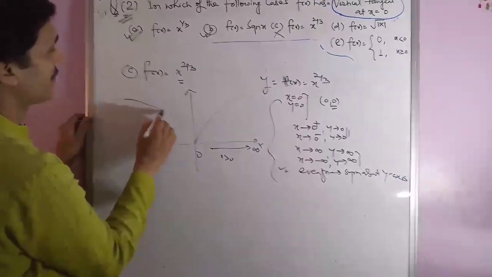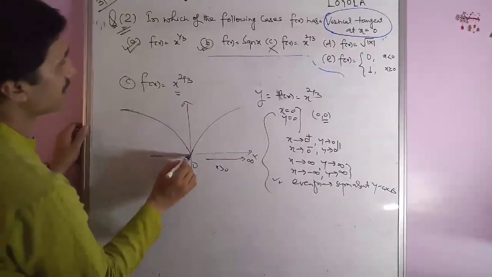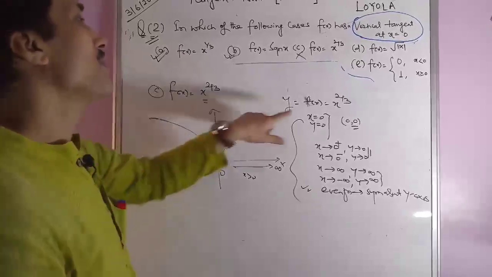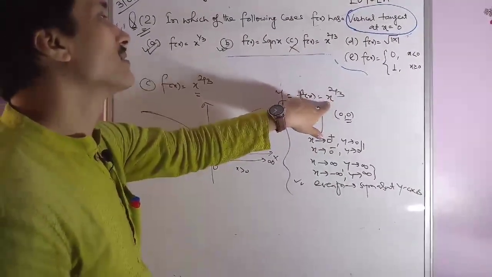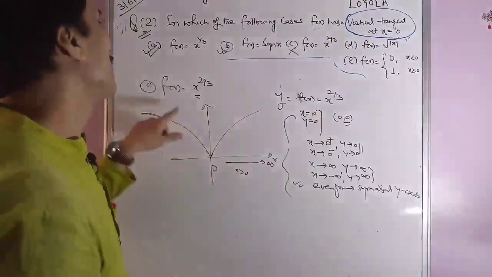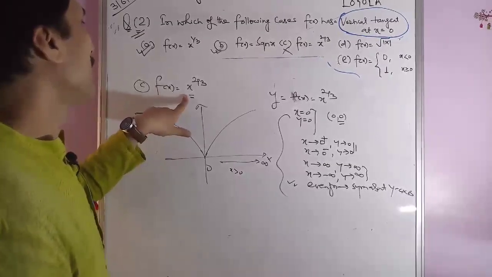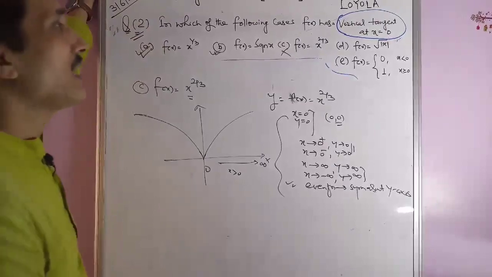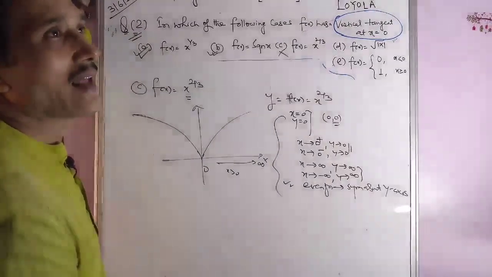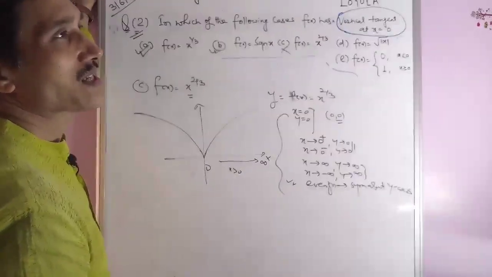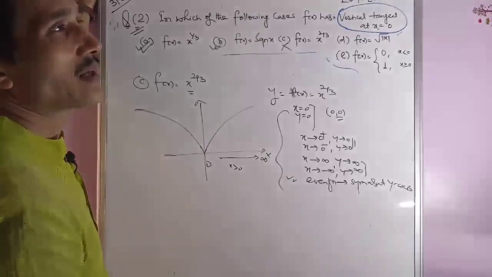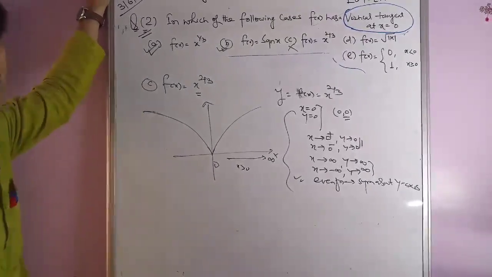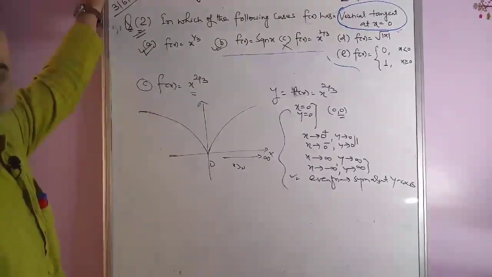So this is the graph of f(x) equal to x to the power 2 by 3. Such types of graphs we usually get in the next chapter, especially application of integration, area bounded by curves.